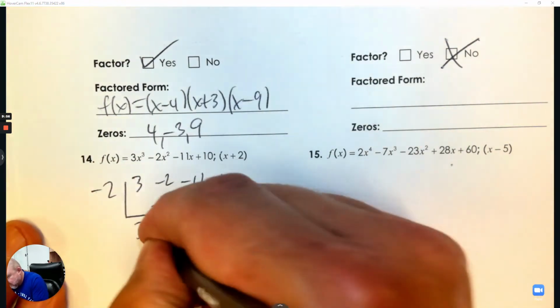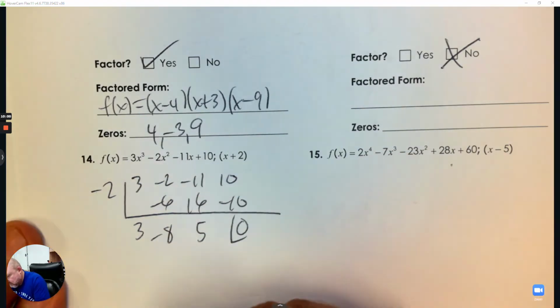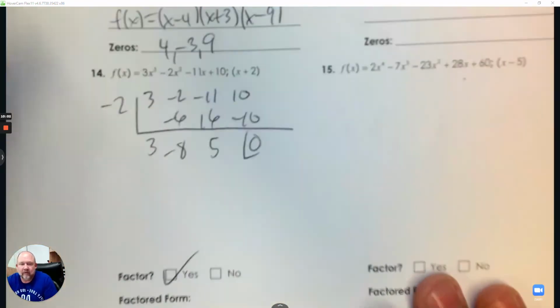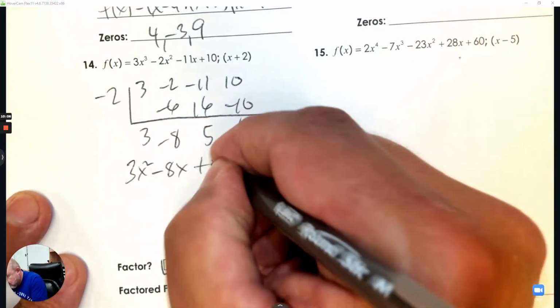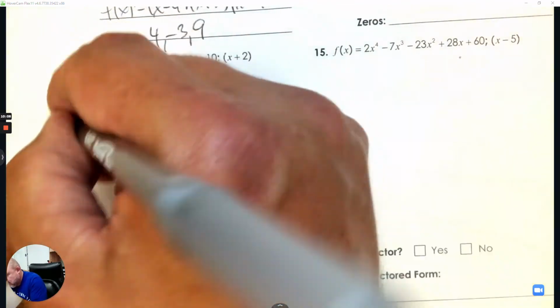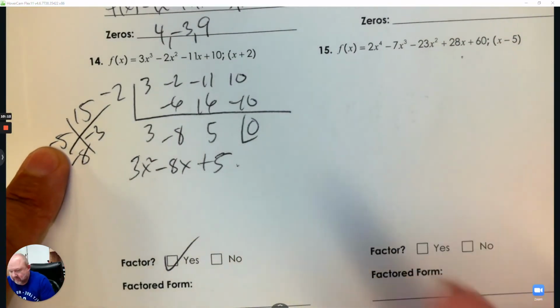Let's see, is it a factor? It is a factor, so yes, because the remainder is 0. We have 3x squared minus 8x plus 5. So 3 times 5 is 15 and negative 8. So the two numbers are negative 5 and negative 3.